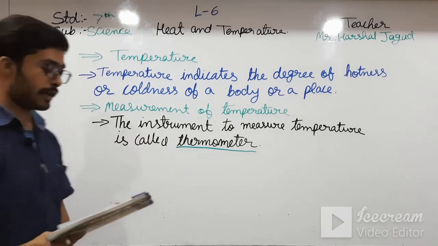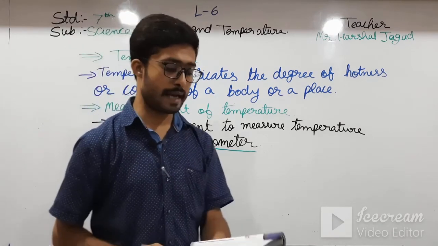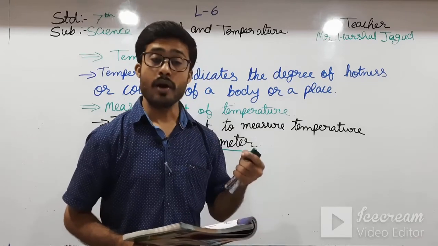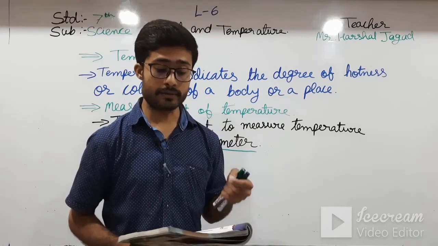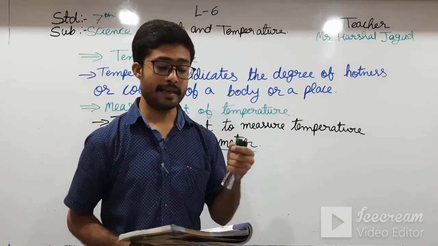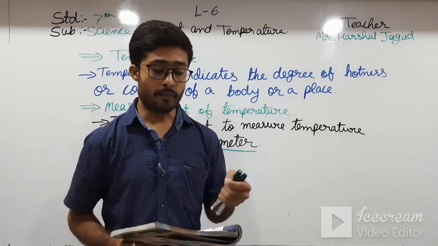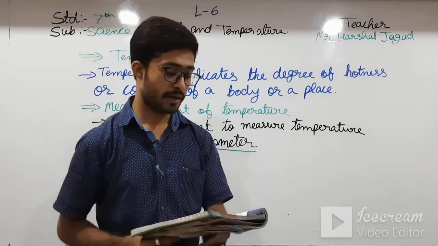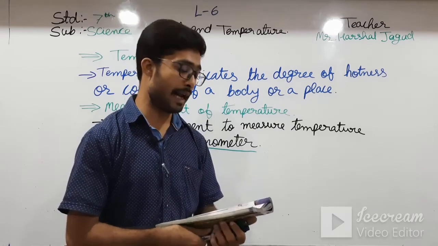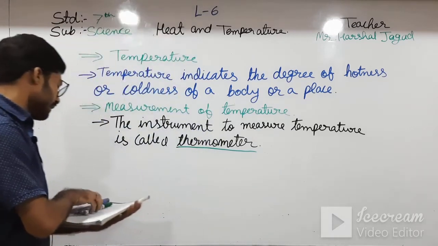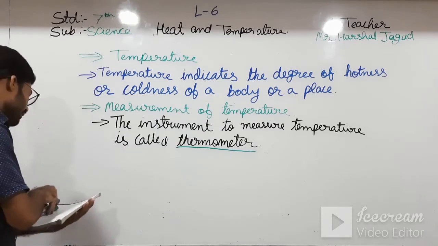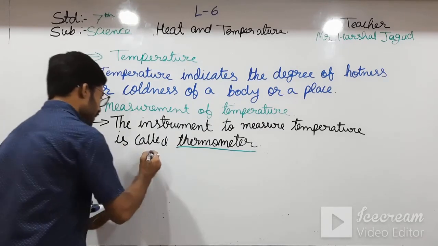See here, just like we have different units to measure length such as inches, centimeters, meters, we have different units for measuring temperature. These are called temperature scales. The most commonly used temperature scales are Celsius scale and Fahrenheit scale. See here, the temperature is measured in two scales.